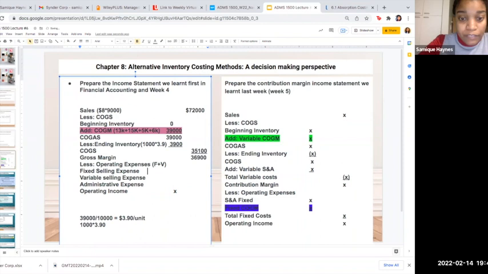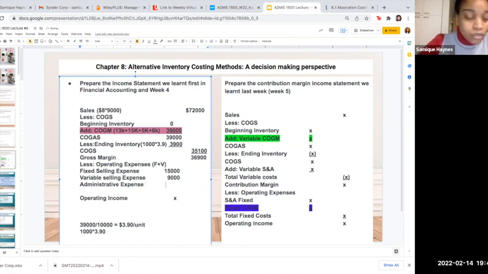Fixed selling is 15,000. Variable selling expense is 20 cents per unit. So that will be 20 cents times what? Times 9,000. Very good. Not the 10,000 because it's a selling expense. So we're multiplying by what we sold. And then our administrative expense is a total of 12,000.